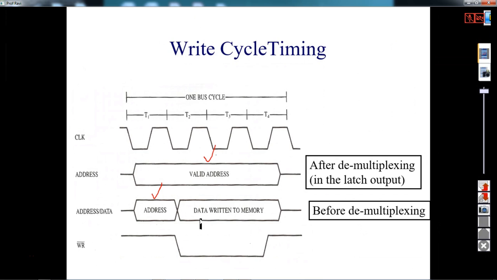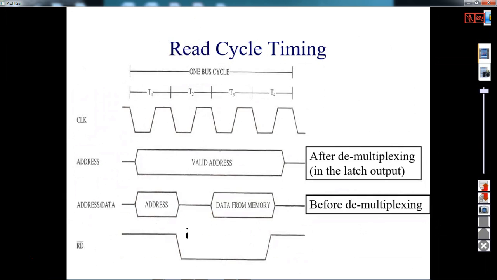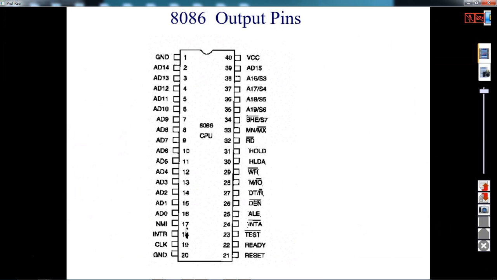And in the next clock cycles those pins can be used to carry the data, right? So now coming to the 8086 pins, VCC and ground: 2 ground pins and VCC.